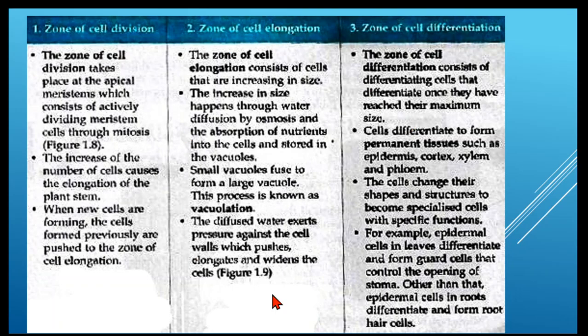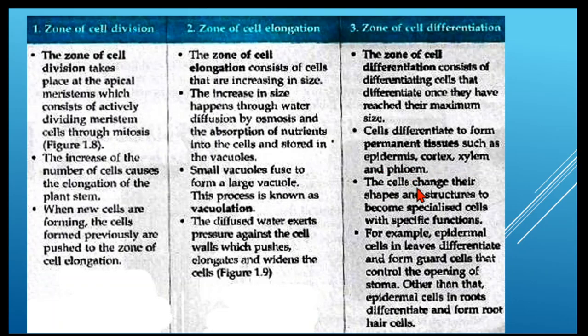Okay, so bila sudah reach the maximum size, sekarang sel itu berada di zone of cell differentiation, di mana mereka akan differentiating apabila mereka sudah reach the maximum size. The cells differentiate to form permanent tissue, such as epidermis, cortex, xylem, and phloem.